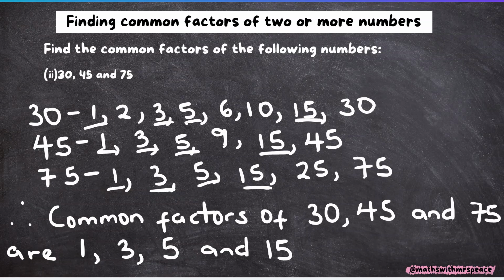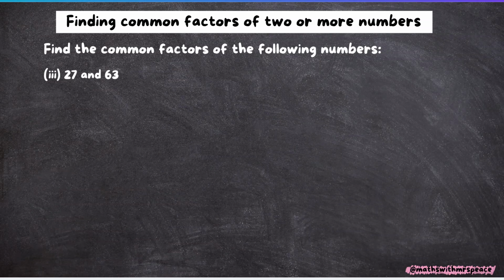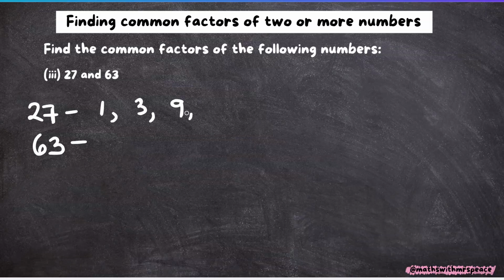Let's take one more example on common factors. We have 27 and 63. So just like we did in the previous examples, we list the factors of 27 and we list the factors of 63, and then we can identify their common factors. The factors of 27, we have 1, 3, 9, and 27.